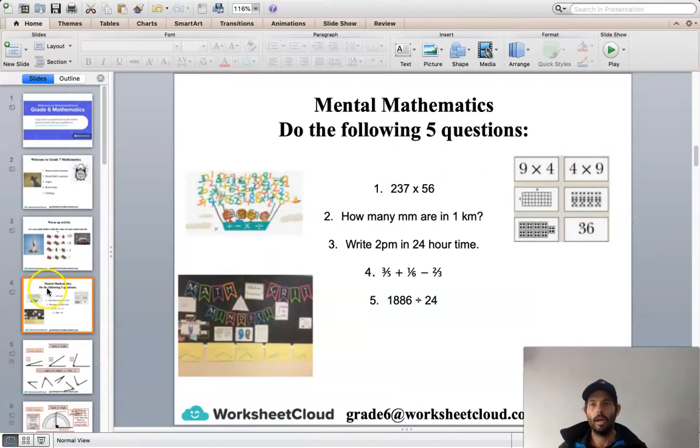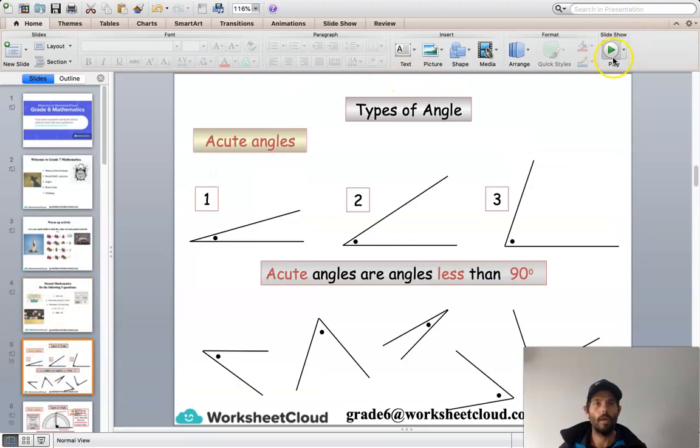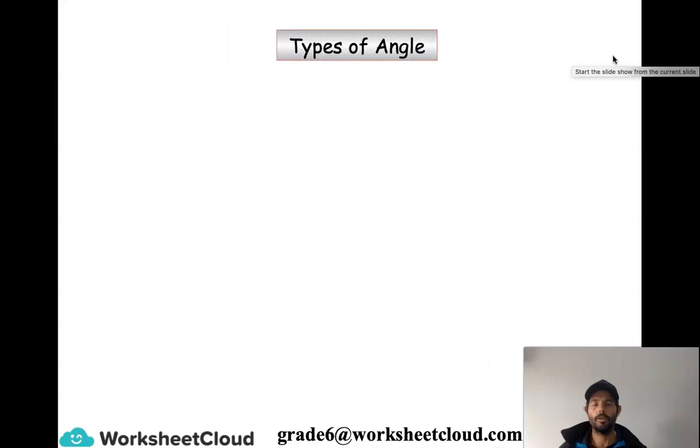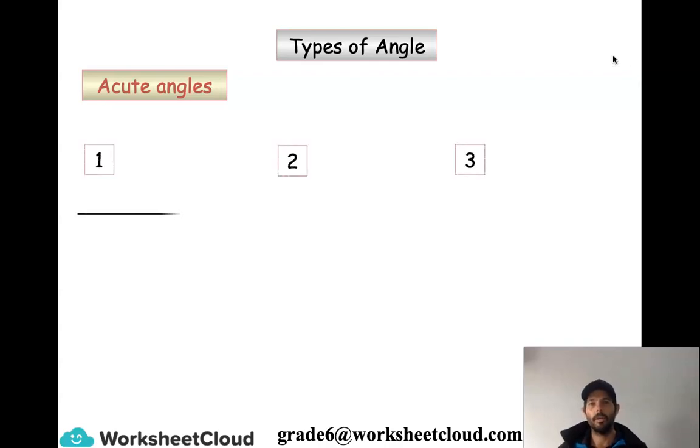Okay, so today we're going to move on to angles, and we're going to just look at different types of angles. There are not many of them. Your first type of angle is an acute angle, and those are angles that are less than 90 degrees.